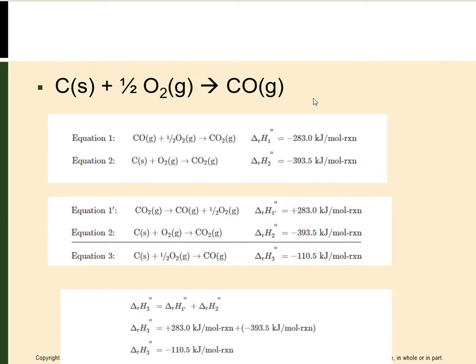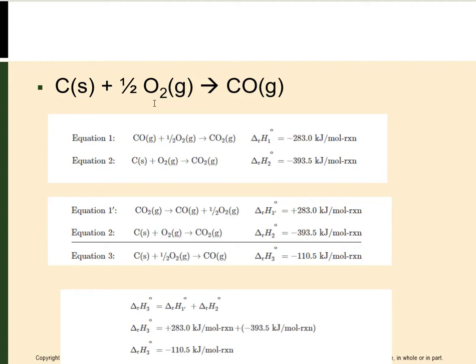So as soon as carbon monoxide, or CO, is formed, it will react with oxygen to form CO2. So it's not possible to measure the change in enthalpy for this reaction by calorimetry because the reaction cannot be carried out in a way that allows CO, carbon monoxide, to be the sole product.